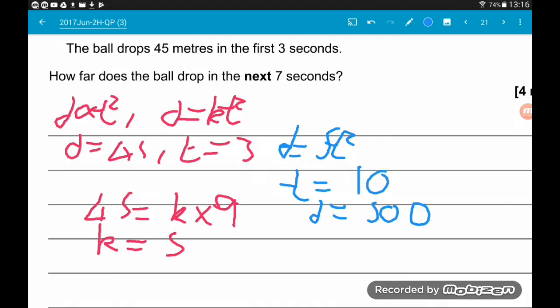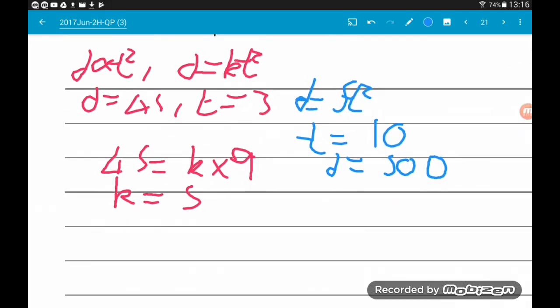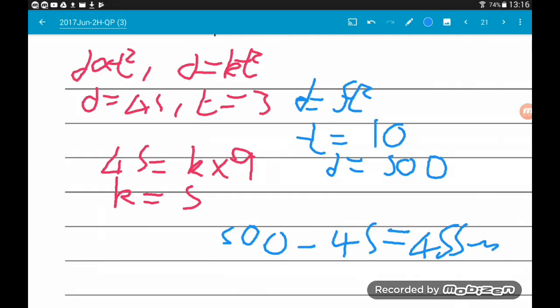To find how far it's fallen in the 7 seconds that we're interested in, we're going to do 500, so the distance after 10 seconds, minus 45, which is the distance after 3 seconds. So that will give us 455 meters. Jobs are good.